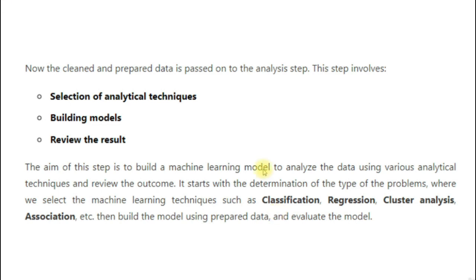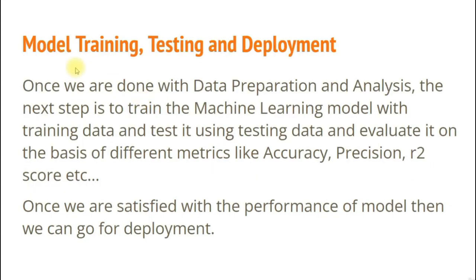So we have to classify the type of problem or the business case that we are solving in combination of different ML problems, like whether it's a regression use case or a classification use case or an unsupervised learning like clustering or association. So based on that, we'll choose appropriate machine learning models to train.